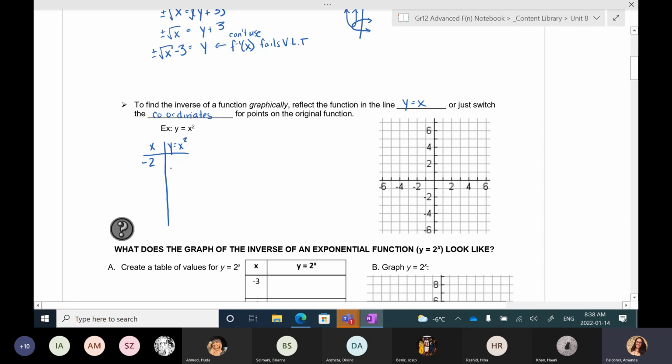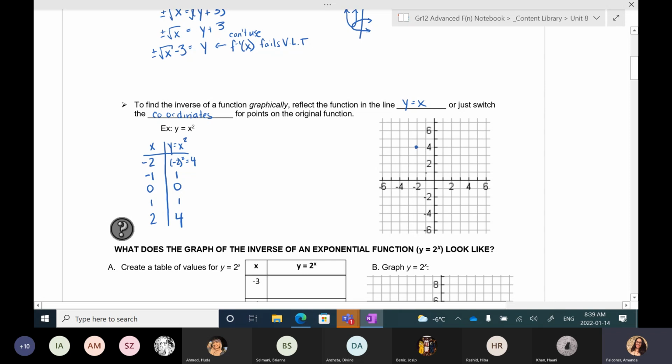When it goes to be squared, we know this already. Negative 1 squared is 1, 0 squared is 0, 1 squared is 1, and 2 squared is 4. Okay, so those are my original points for a parabola.